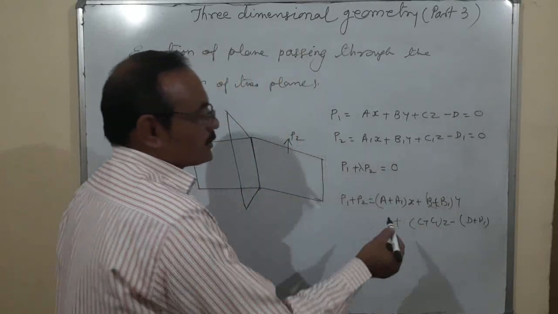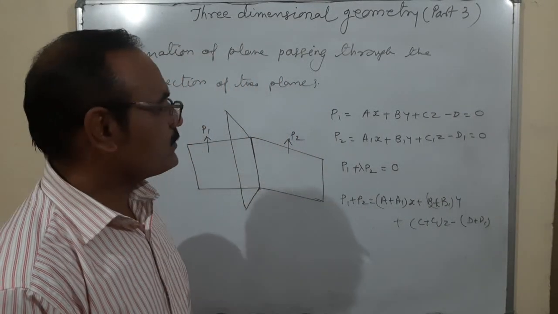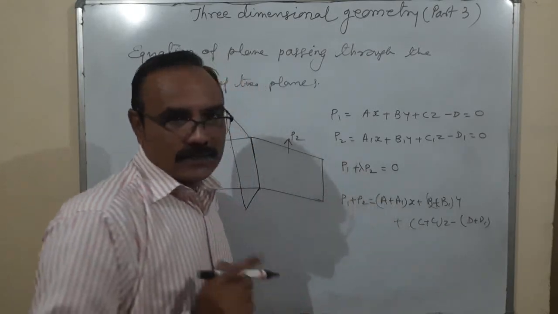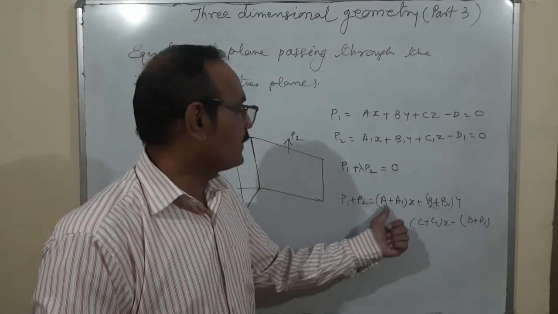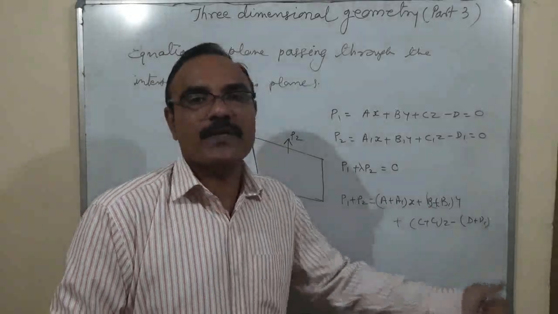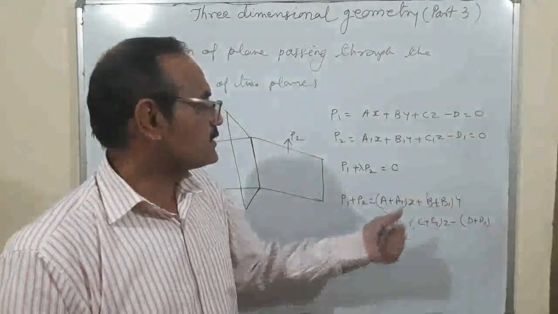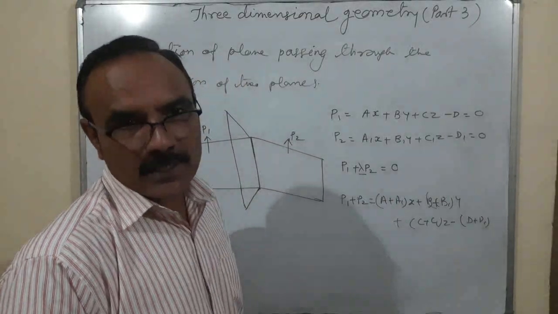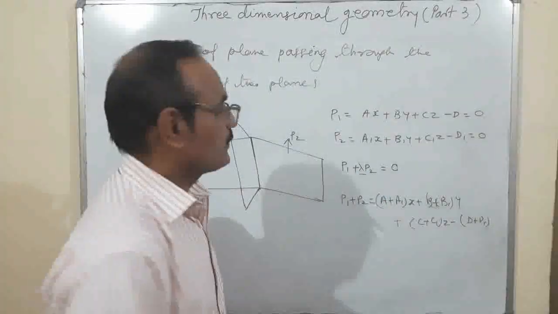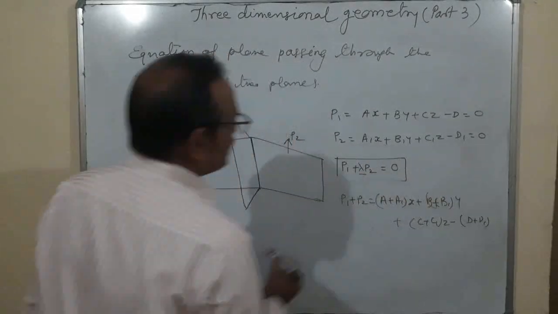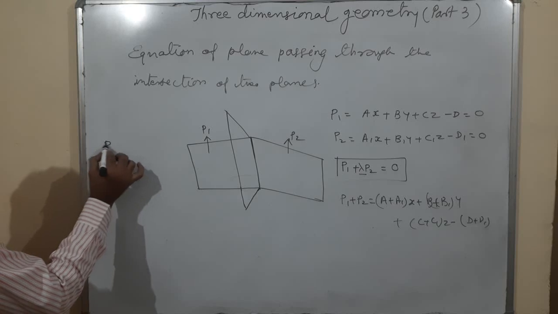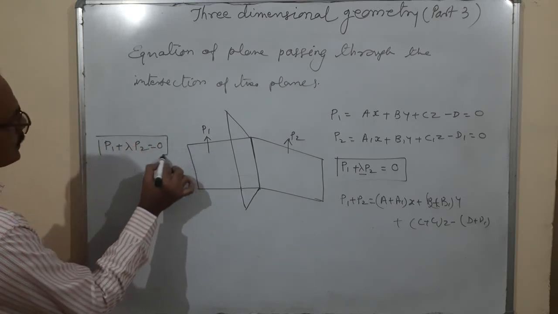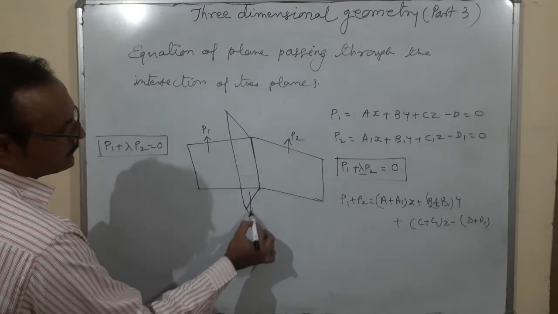So when this term will come 0, it will come 0 in case we are using one scalar quantity, and this quantity will make a difference of them, all the terms difference will be 0. So this quantity we have taken as P1 plus lambda P2 is equal to 0. So what does it mean? This is the equation of that plane, P1 plus lambda P2 is equal to 0.